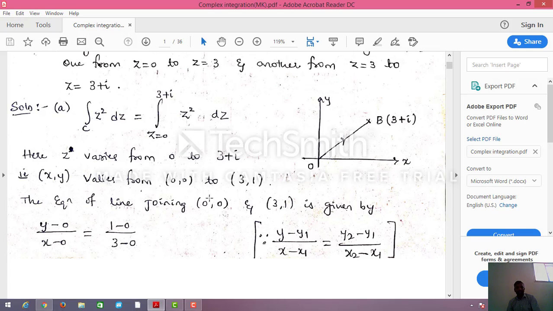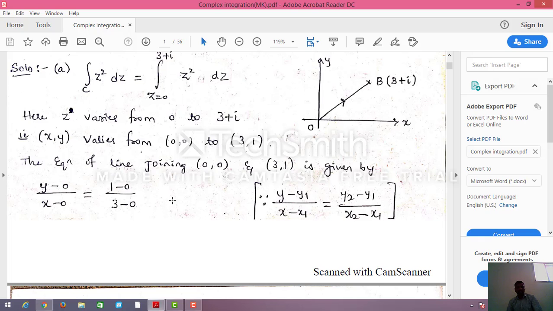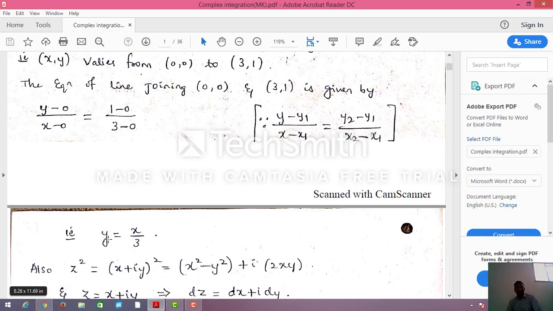This is x1, this is y1, this is x2, this is y2. Y minus 0 divided by x minus 0 equals 1 minus 0 divided by 3 minus 0. We cross multiply this and get y equal to x by 3. Or if you want, you can write x equal to 3y also. However we want, we will convert it.